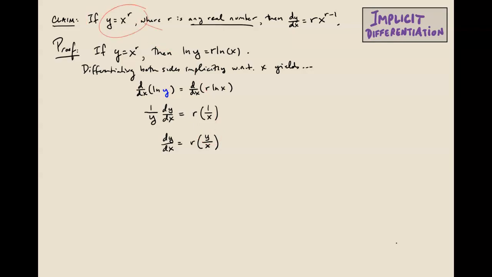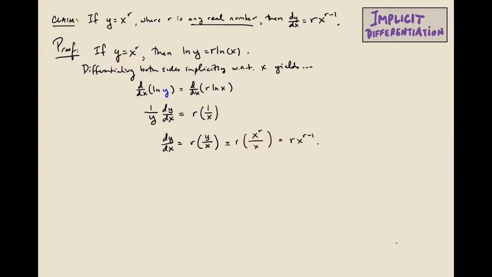Simply substituting this in for y will turn all this into r times, and in place of y, I have x to the r over x. But this, of course, simplifies just by basic properties of exponents to r times x to the r minus 1, because I cancel one factor of x from top and bottom.